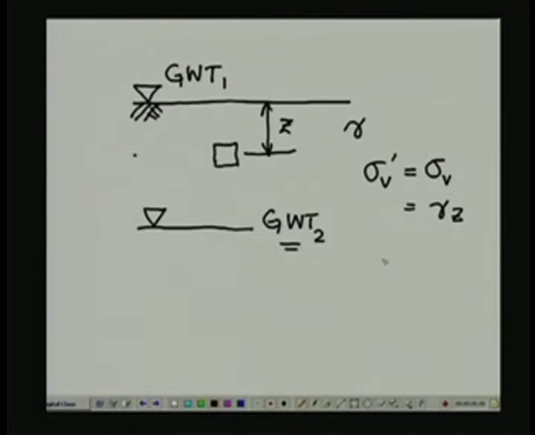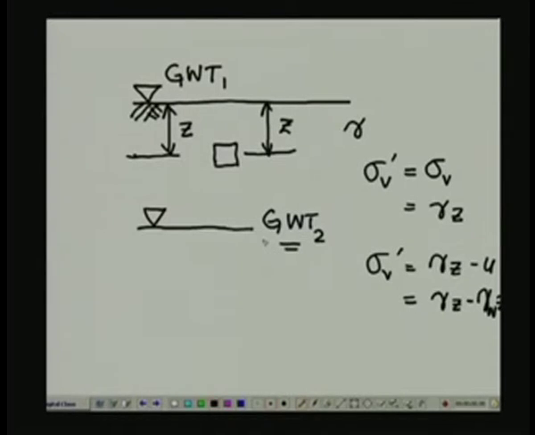In this case sigma v prime becomes equal to gamma Z minus U, and U in that case is going to be unit weight of water times Z once again, because the water column that is exerting pressure is also going to be equal to Z in this case.